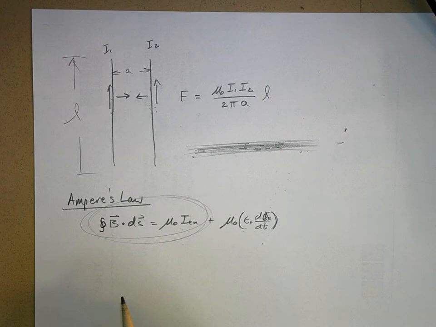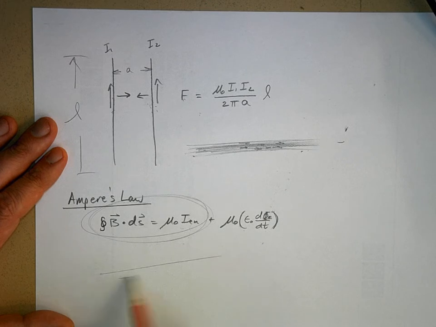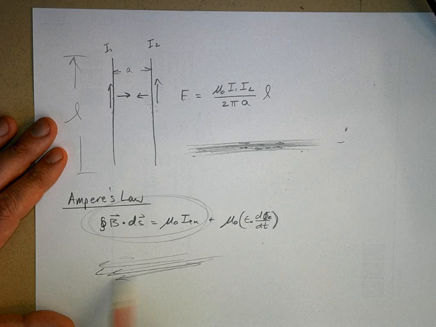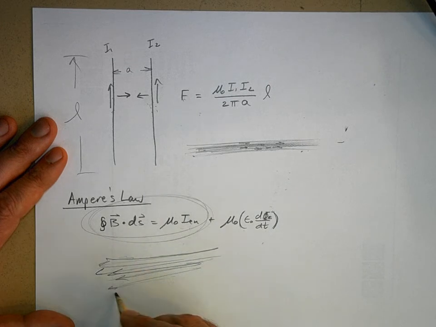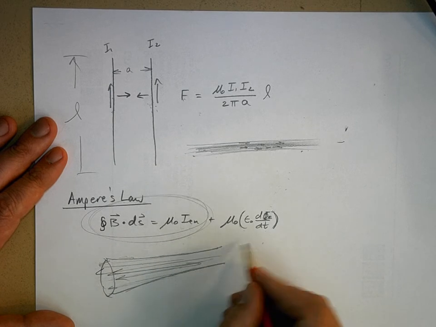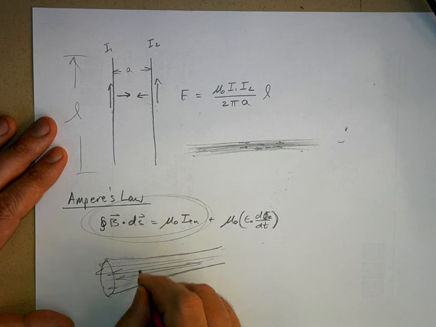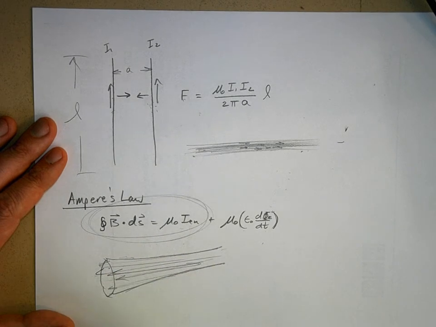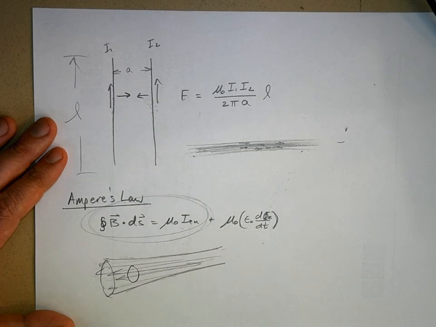But remember, if I've got some kind of current distribution, like a current flowing through maybe some kind of weird wire, and you want to know the magnetic field at some location, you draw a loop that goes right on top of the magnetic field lines.